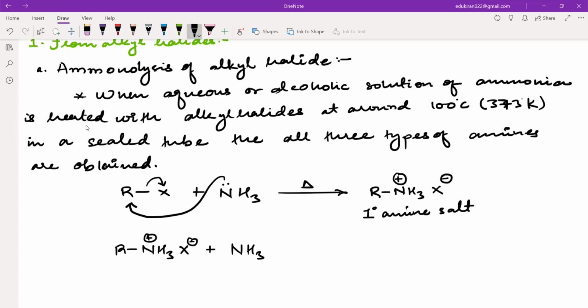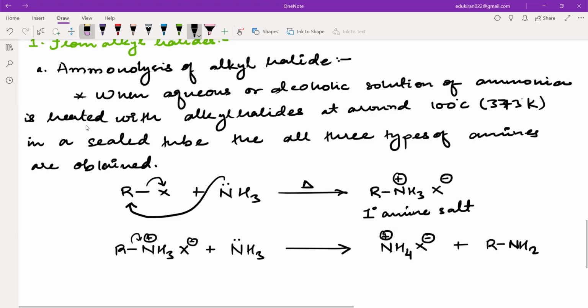This NH3 has a lone pair, and it attacks, and this whole thing leaves. So you get NH4 positive, X negative, plus you get RNH2. So it happens something like this.